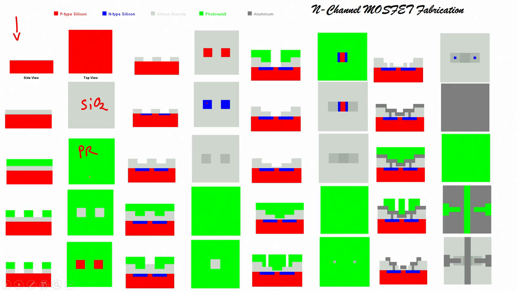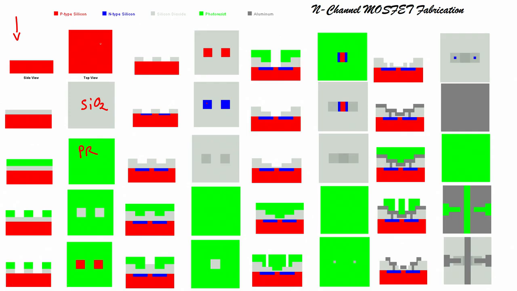It can be e-beam lithography, which is not part of this particular course, but there are several types of lithography: photolithography, e-beam lithography, X-ray lithography, and maskless lithography. We are not covering these in this course, but you just understand that some lithography technique is used.